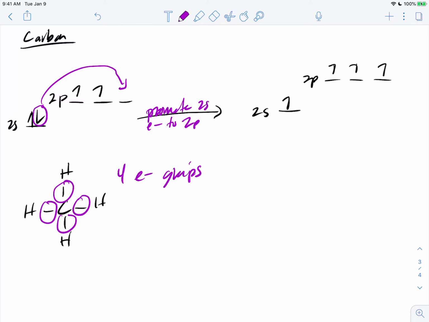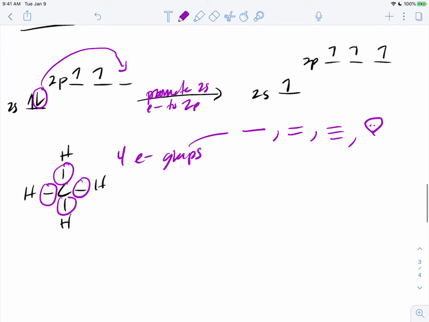Now electron groups can be a single bond, can be a double bond, can be a triple bond, can be a lone pair. Those all count as electron groups for hybridization. So if we have 4 groups, we need 4 hybrid orbitals.